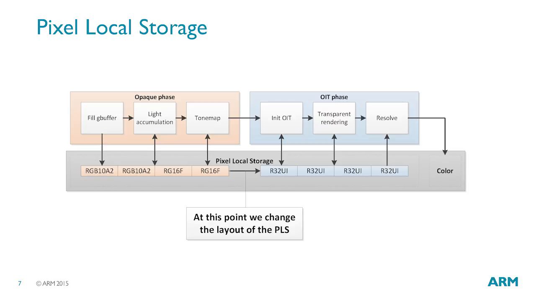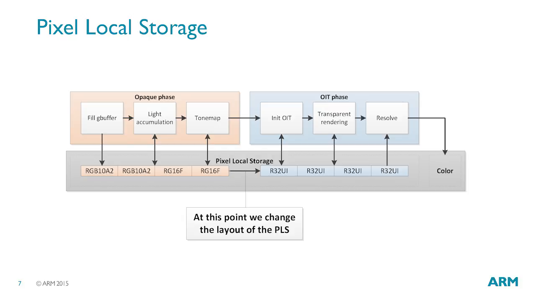And as mentioned, one of the major benefits of PLS is that it allows you to change the layout of the PLS variables mid-frame. So this makes it easy to chain different techniques together. In this diagram, you have chained together deferred shading with order-independent transparency.